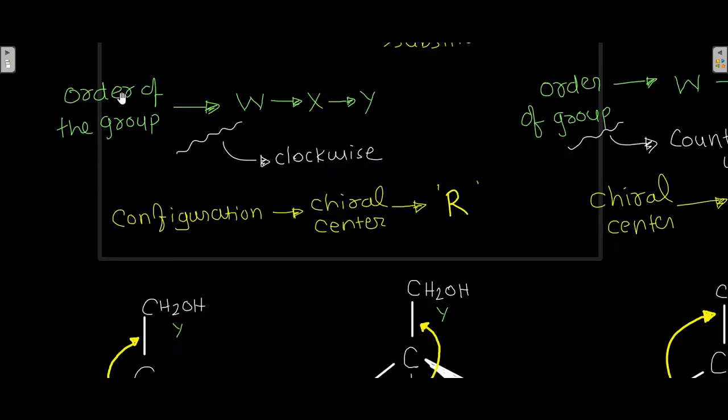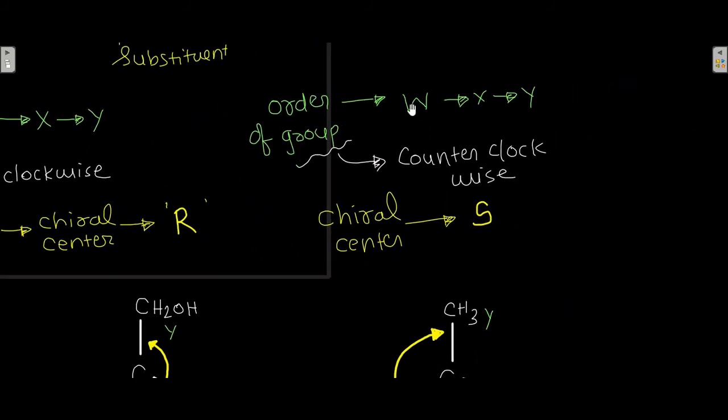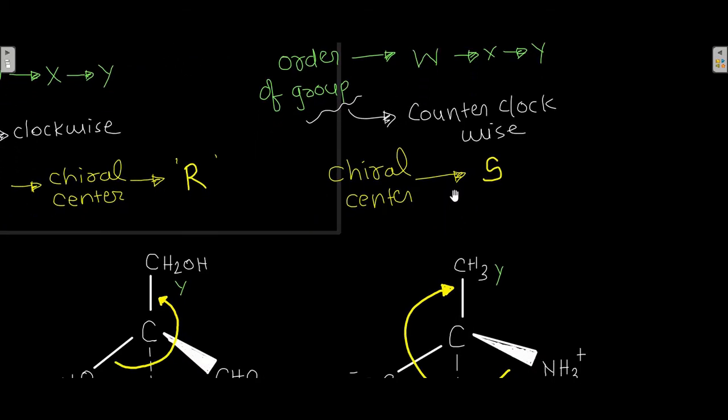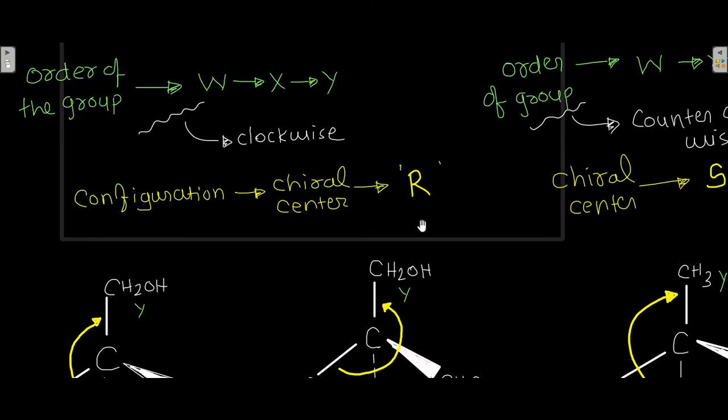If the order of the groups W, X, Y is in the clockwise direction, then the configuration of the chiral center is designated as R, and if the order W, X, Y is in the counterclockwise direction, then the chiral center is designated as S.